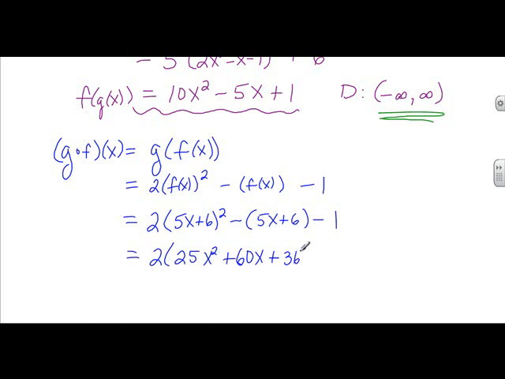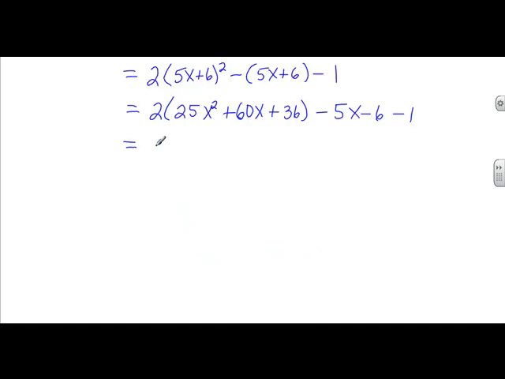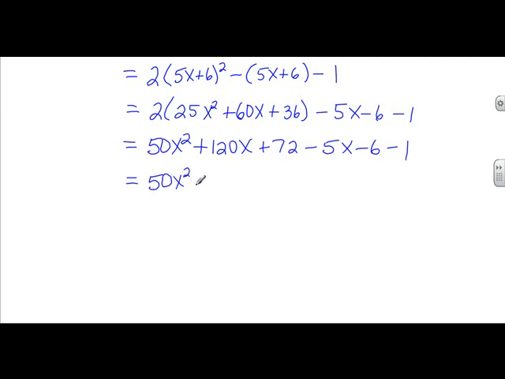Distribute the negative, and then distributing the 2 and adding like terms, we're going to have 50x squared plus 120x plus 72 minus 5x minus 6 minus 1, or 50x squared plus 115x plus 65. And that is our function g of f of x.